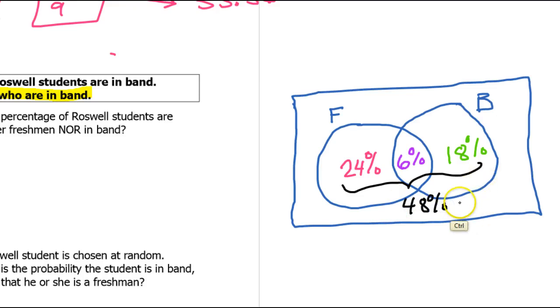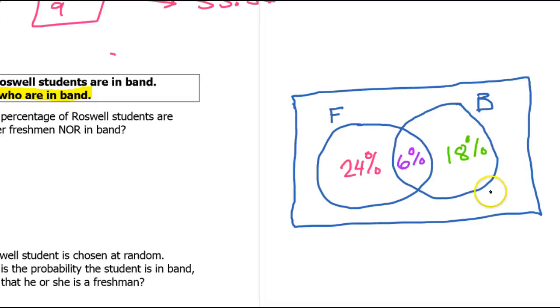Okay? So how much does that leave for the rest of the students that are neither freshmen nor in band? Well, that must be 50, you know what, let me control Z this real quick. That must be 52% left over for a total of 100.